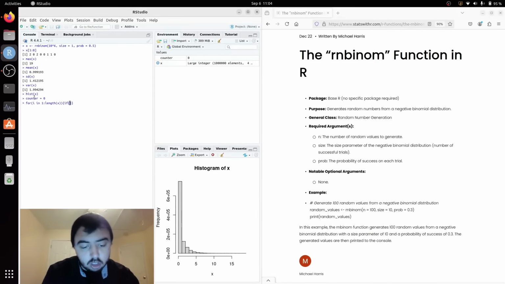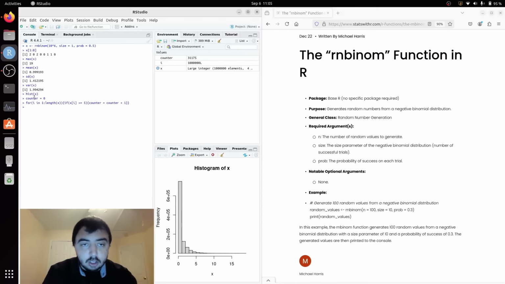If x of i, that pulls out the value of x at each element in the vector, is greater than or equal to 5, because I said I wanted 5 or more, then counter equals counter plus 1.